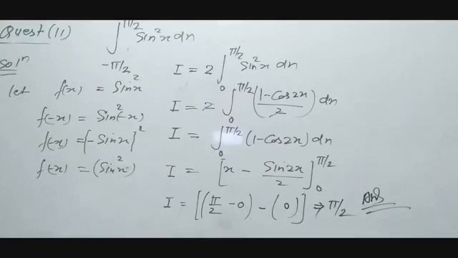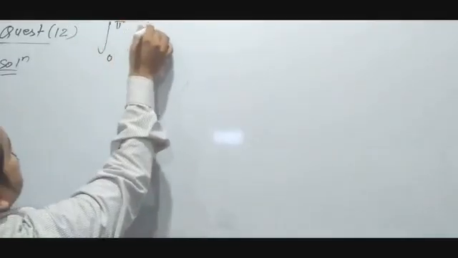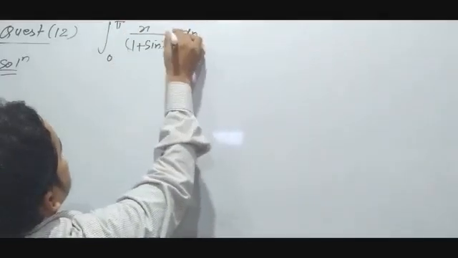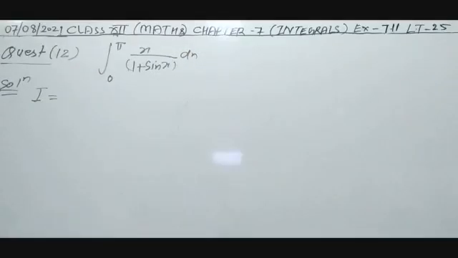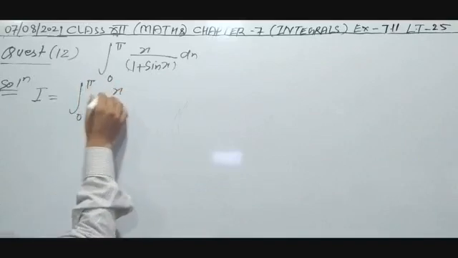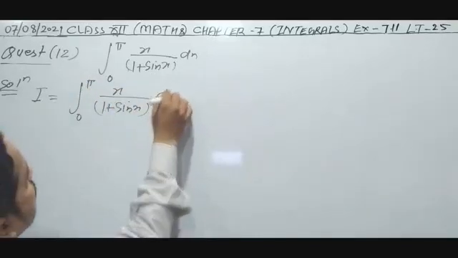Now come to question number 12. Question number 12 is the integration from 0 to pi of x upon 1 plus sin x dx. Now in this question, first of all you will consider I. Let I be equal to the integration from 0 to pi of x upon 1 plus sin x dx.